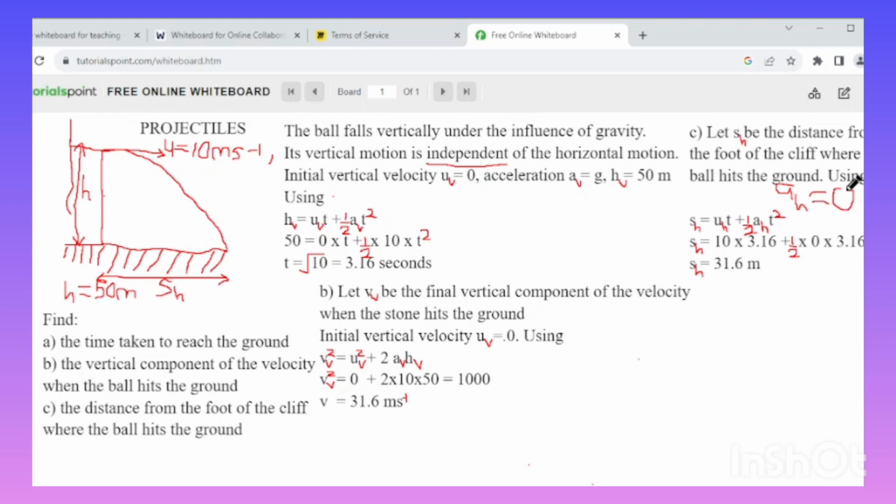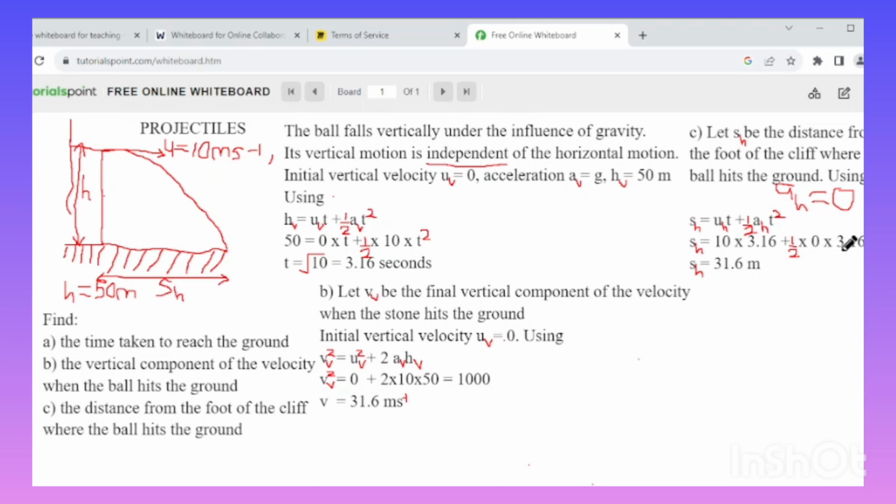Why? Because the force of gravity is pulling the object to the ground, and that is why our horizontal acceleration is 0. Don't forget, that shows the technicality behind this type of problem.